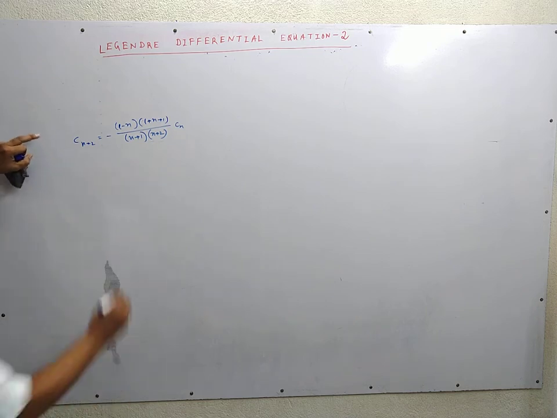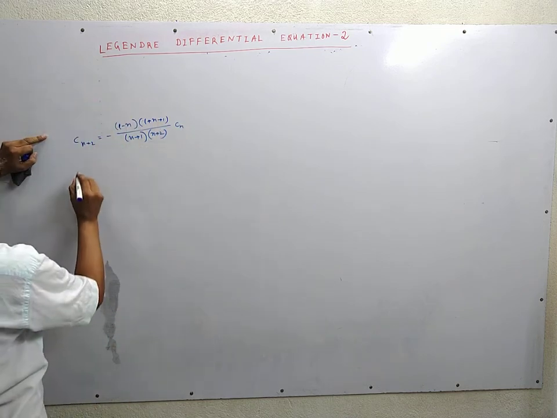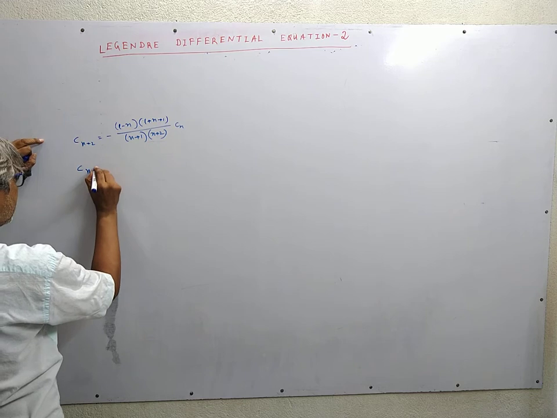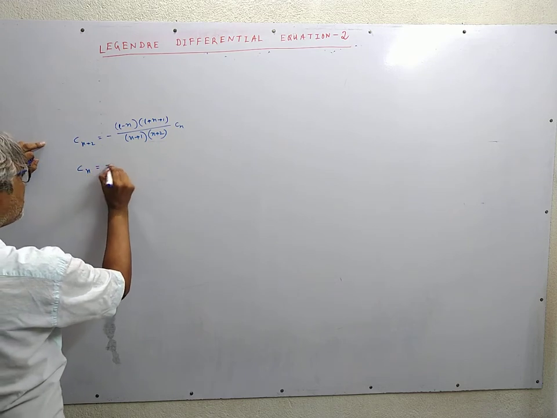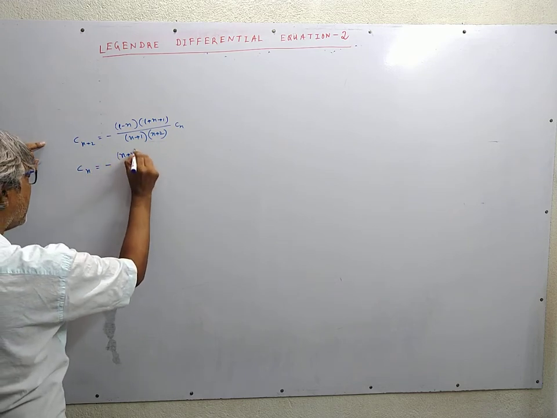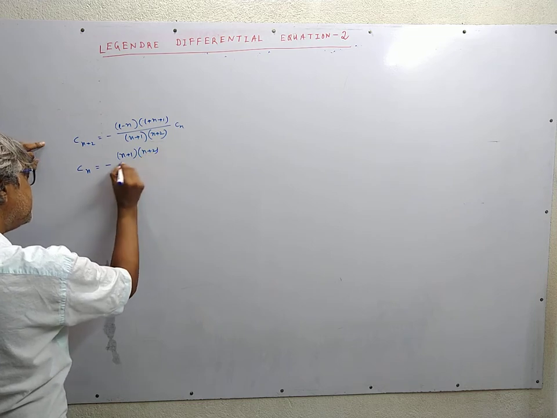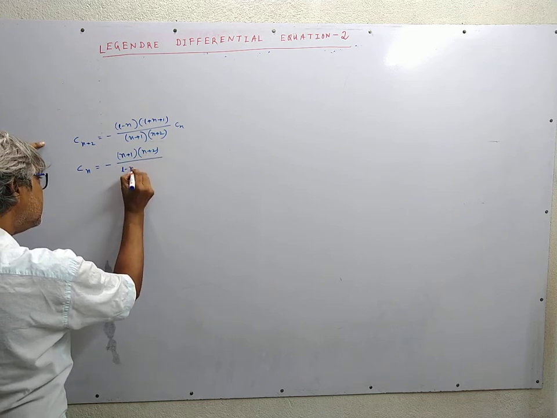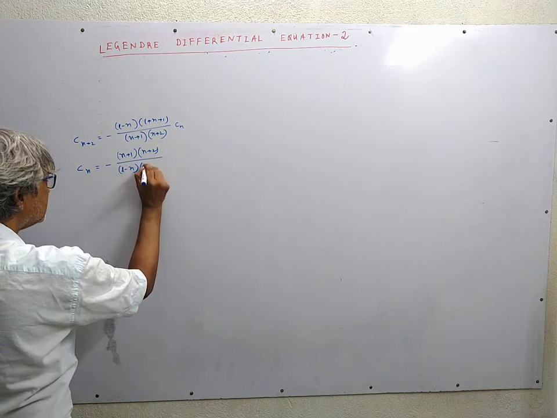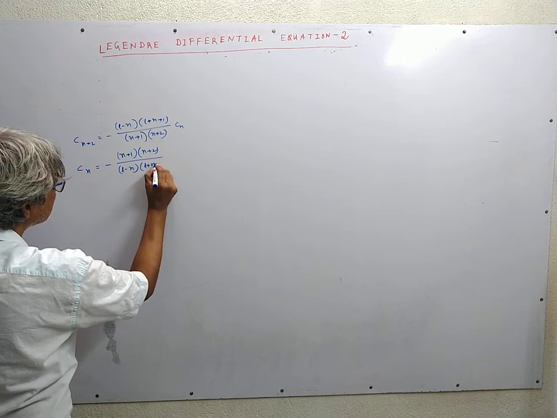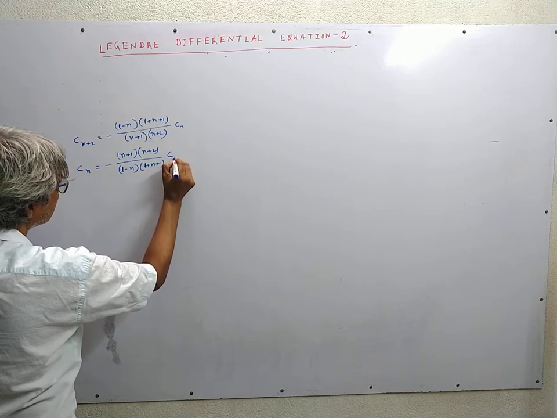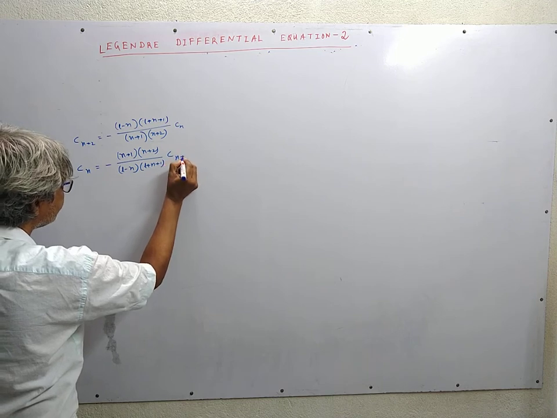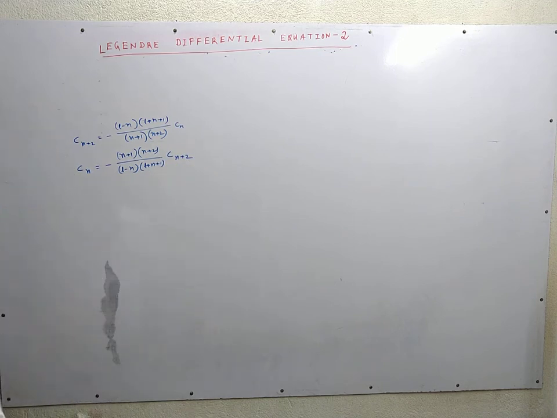We rewrite this expression in terms of C. So, this Cn is equal to minus n plus 1 n plus 2, this is the expression.